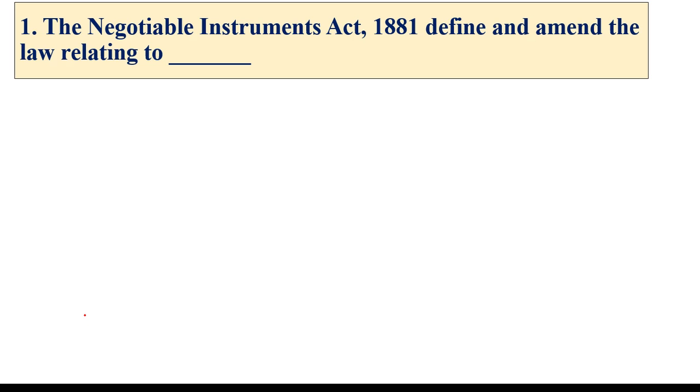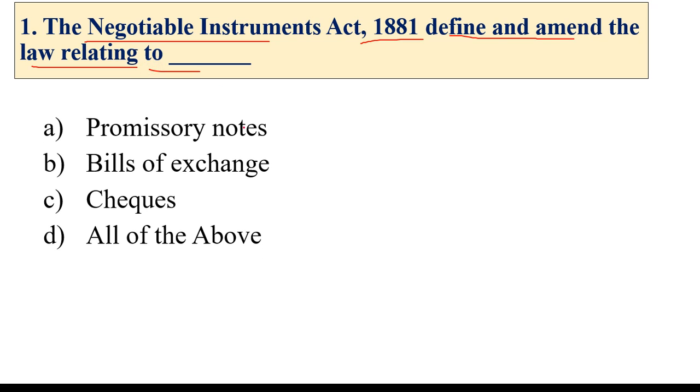So the first MCQ, first question. The Negotiable Instrument Act 1881 defined and amended the law relating to dash. We'll see the options. Option A is promissory note, B is bills of exchange, C is check, or D all of the above.